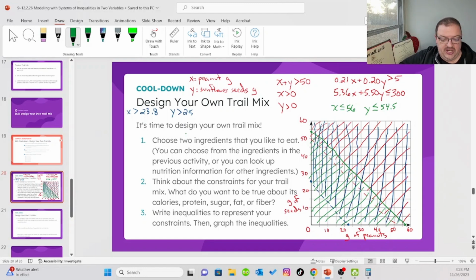It's in the blue shaded area solving for the protein. And it's in the green shaded area solving for the calories. So we could pick any point in here. Looks like 30 grams of peanuts and 25 grams of seeds.